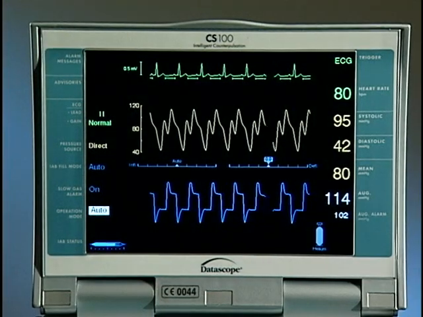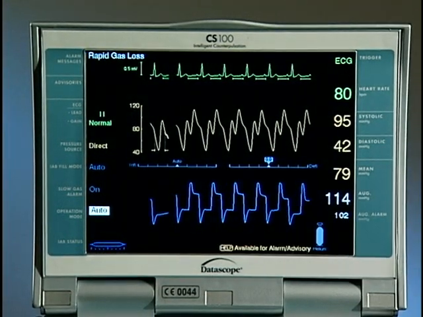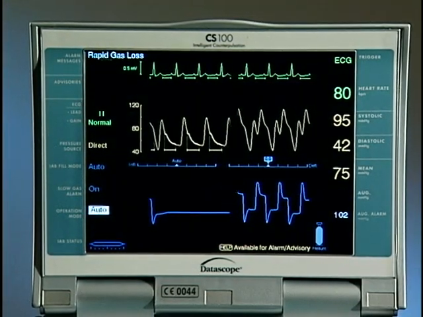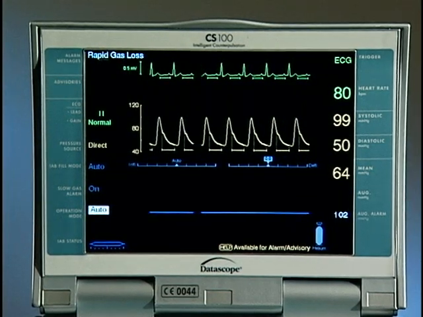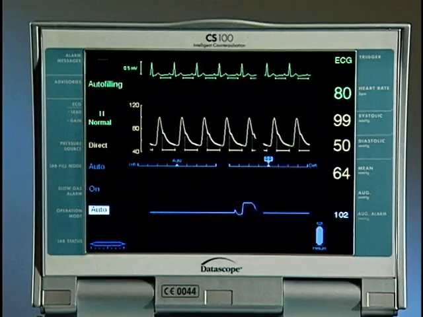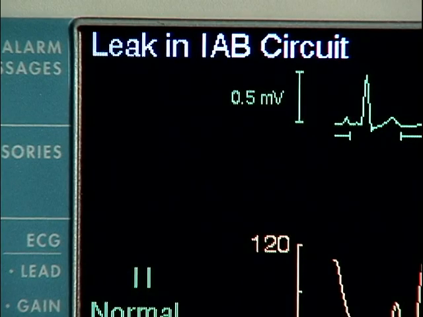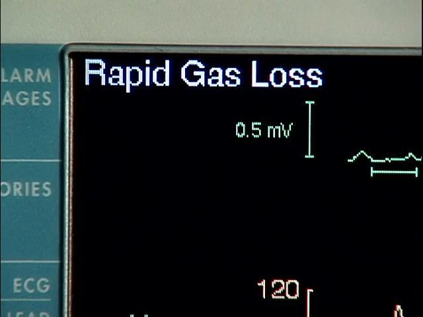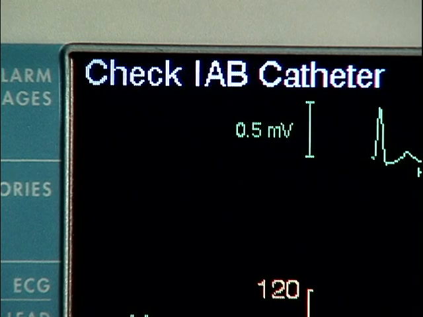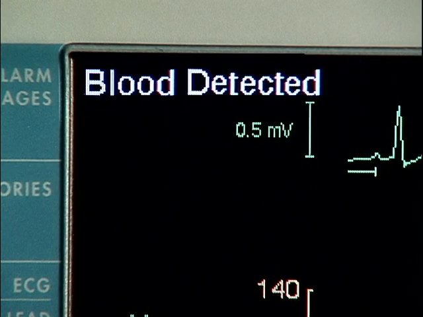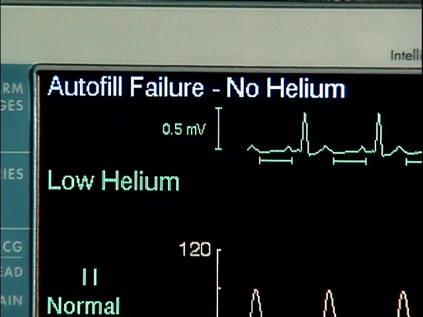If a change is detected or a specific parameter is violated, IABP assist is suspended, and a continuous alarm tone is sounded. The 6 principal catheter alarms are "Leak in IAB Circuit," "Rapid Gas Loss," "IAB Disconnected," "Check IAB Catheter," "Blood Detected," and "Autofill Failure, No Helium."